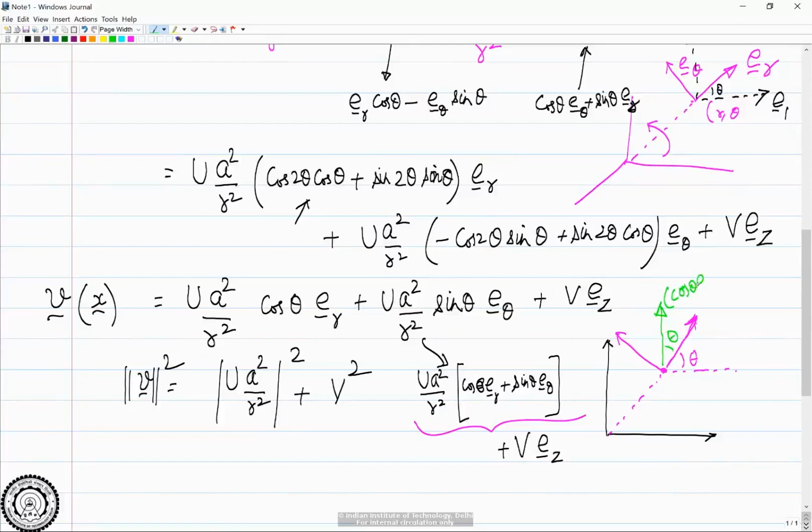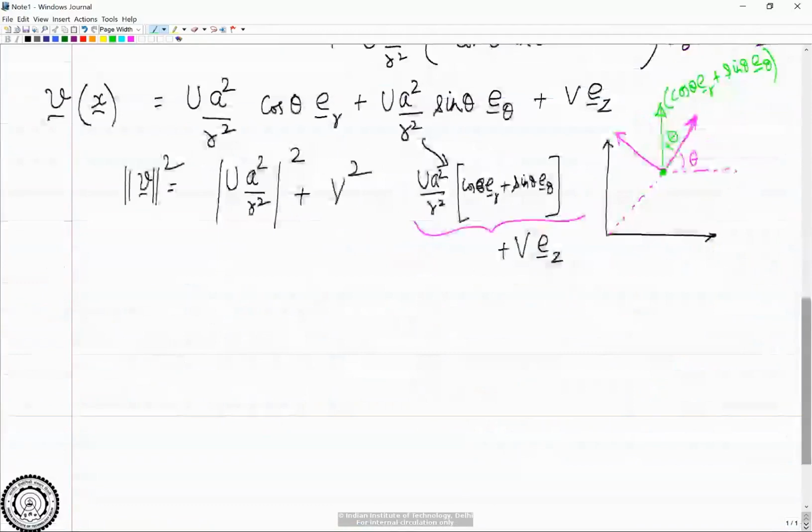So what this tells us is that the velocity at any point r theta has its z component fixed, it is coming out, but the in-plane component makes an angle of theta from the radial direction, and it's constant.